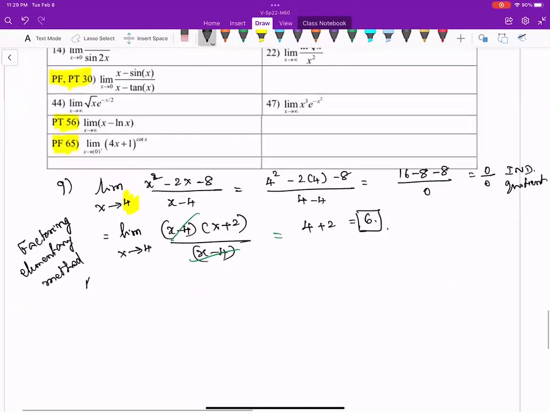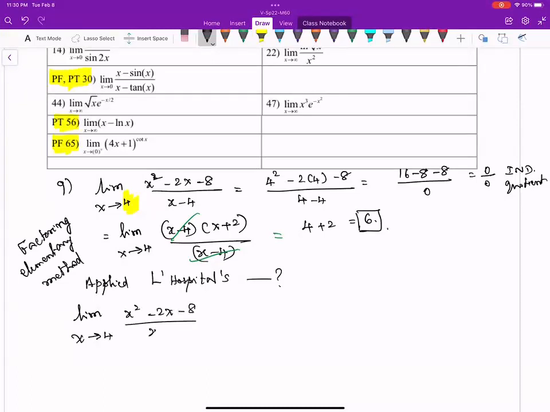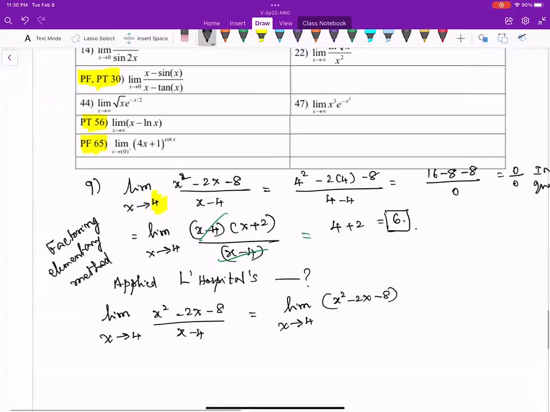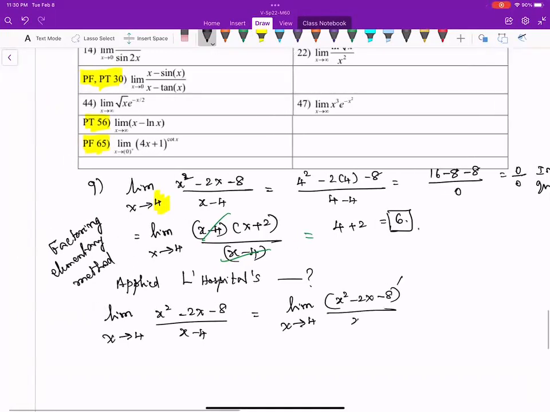Now, if we had applied L'Hopital rule, what would have been our answer? The limit as x approaching 4 of x squared minus 2x minus 8 over x minus 4 equals the limit as x approaching 4 of the derivative of the numerator over the derivative of the denominator.